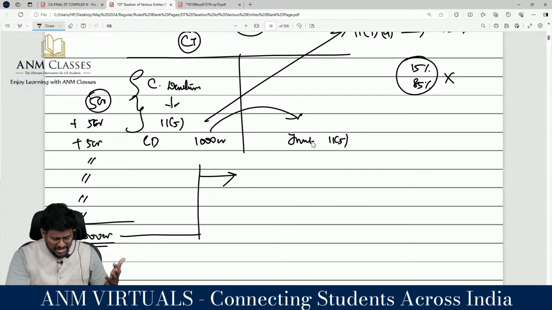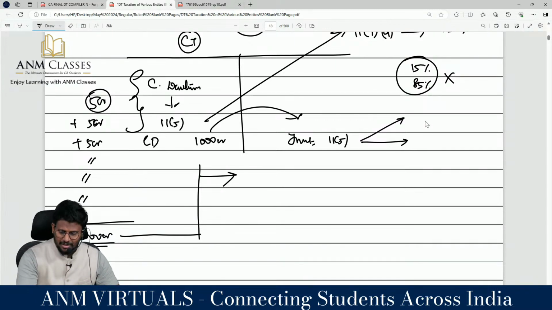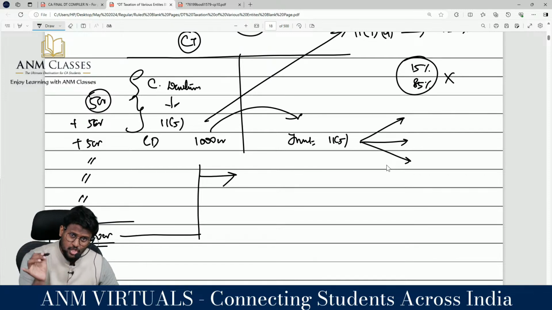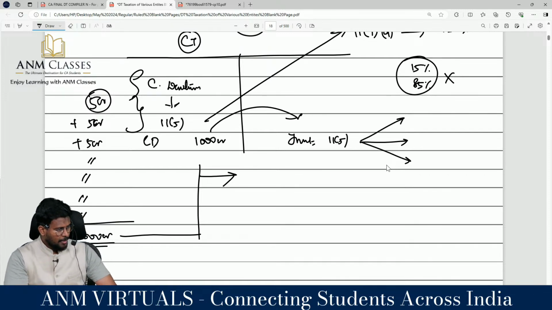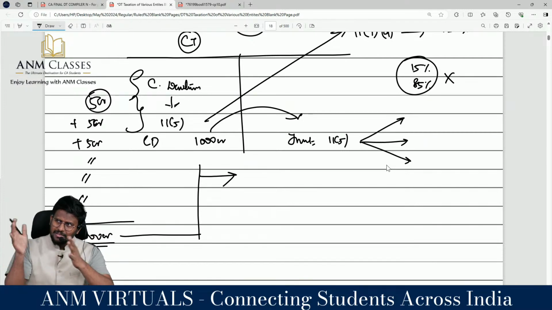So what the trust will do, this trust will sell this investment, transfer this investment, or utilize this investment for any purpose other than charitable activity. By that way, they are misutilizing the fund. So many people started misutilizing the charitable trust as a medium to park funds as corpus donation.